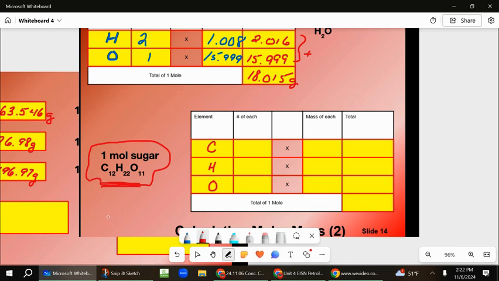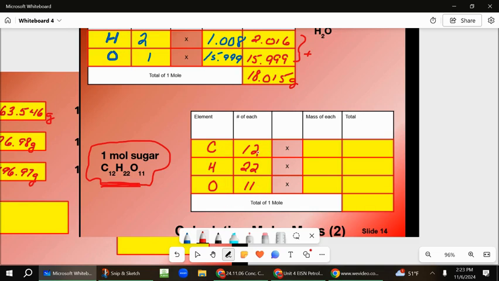So what number is after the C? That tells you how many there are. All right. How many hydrogens are here, Brianna? There are 22. And how many oxygens are here, Calvin? There are 11. Now we go to the periodic table, ladies and gentlemen.